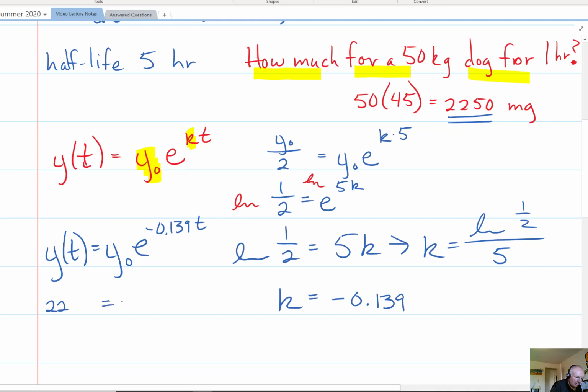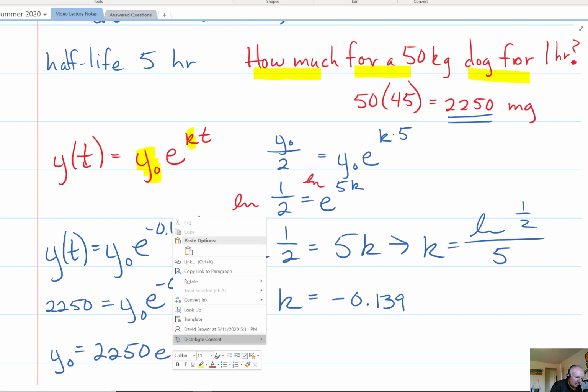let's do the right hand side. Don't know what y sub 0 is, but if I plug in 1 here, I better get 2250 out. And this will tell me how much I need to start with. So 2250 divided by e to the negative 0.139, which is the same as multiplying by e to the positive 0.139.